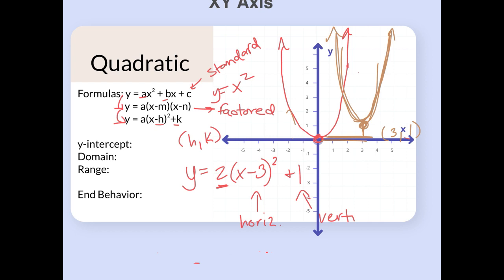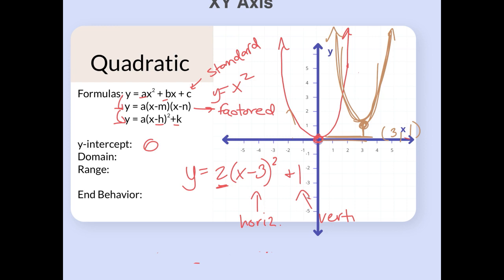Let's clean up by talking about just the other bits of information that we need to know. So again, the standard form, or your standard parent function, it's going to have a y intercept that passes through 0, 0. That's where the origin is going to be. If we shift that h or that k, that's going to shift our entire function over.